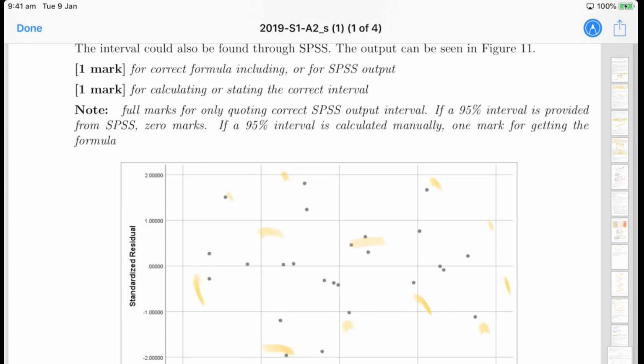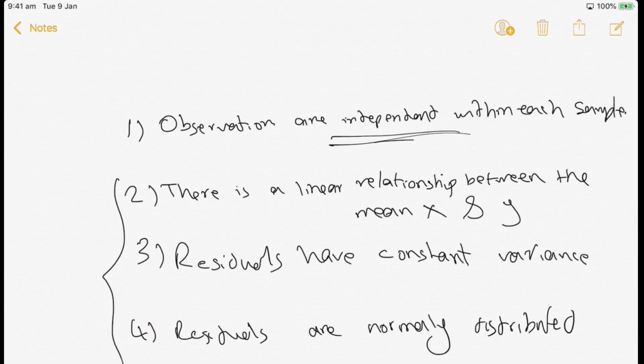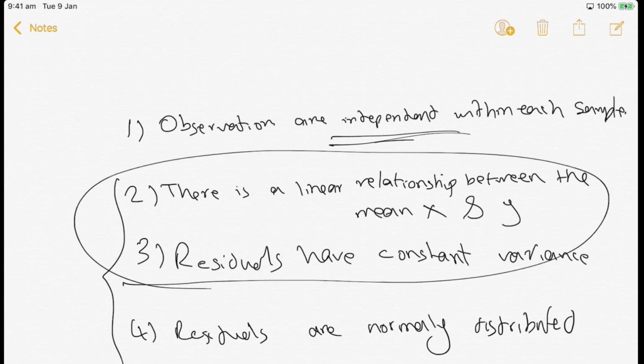Then the second thing is, there is no trend and no specific relationship between these values. We can say that based on this, there is a linear relationship between these 2 variables. So the linear relationship and constant variance we figure out based on the plot of residuals versus fitted values.